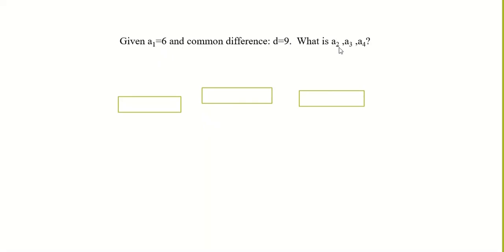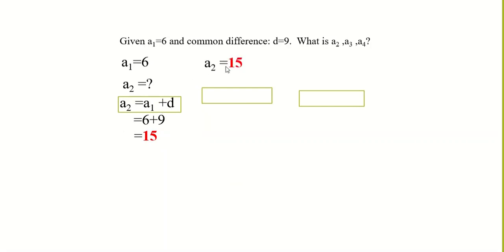Okay, for example, given that a sub 1 is equal to 6 and the common difference is 9, what are the second, the third, and the fourth terms? From the first term, let's look for the second term. We know that will be 15, since we only add the common difference to the first term. If you relate that to the first term, a sub 1 plus d will be your a sub 2.